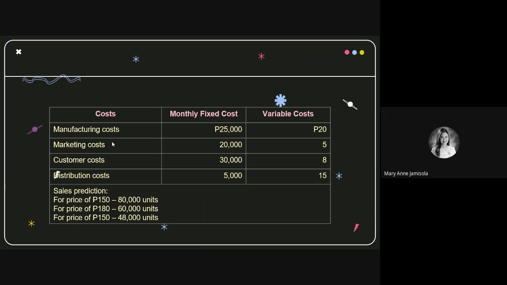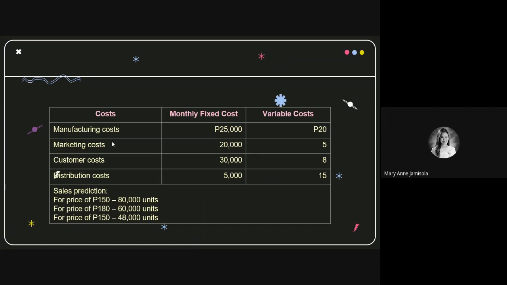Okay. Let's proceed. So again, three prices: 150, 180, 225. So let's compute our revenues for that particular sales price. If we are to sell it at 150, we can sell 80,000 units. So that's 150 times 80,000 units.